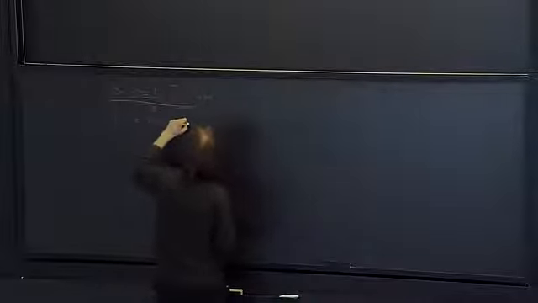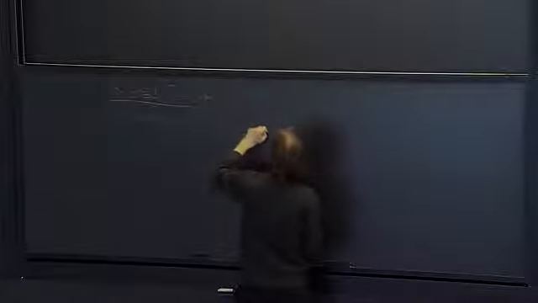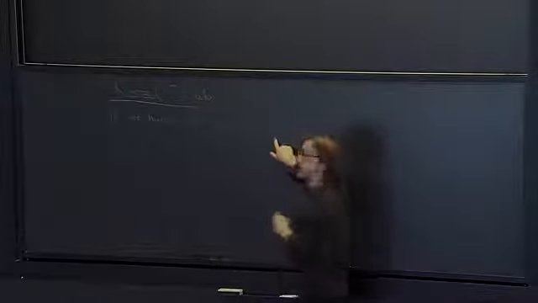So what does this mean in general? Suppose we have a field theory on R times X. X can be anything, and R is a topological direction.